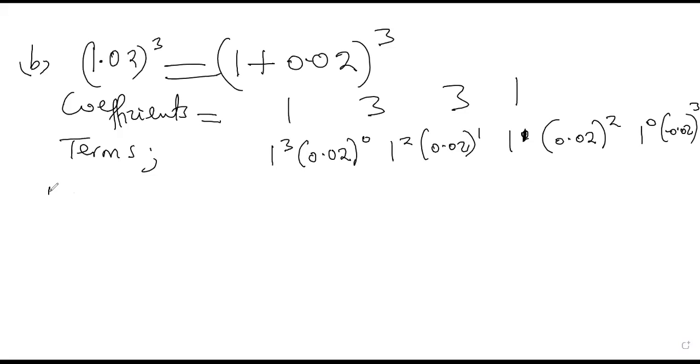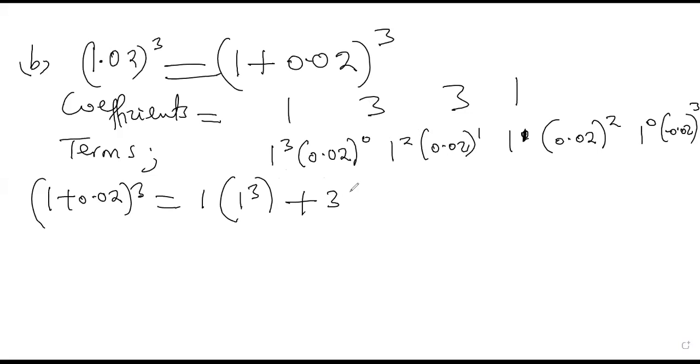So the expansion of 1 plus 0.02 to the power 3 is the same as, you first write this coefficient 1 into the whole of this. Since it is just 1, first will be 1 cubed. Plus another coefficient is 3. 1 squared is 1, so 0.02 to the power 1.